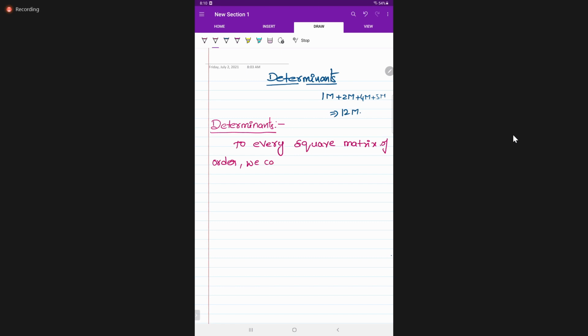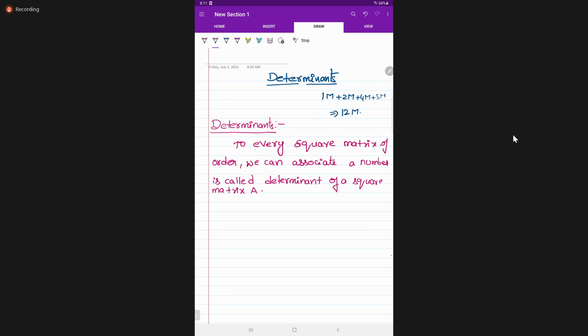We can associate a number, real or complex, which is called the determinant of a square matrix capital A.